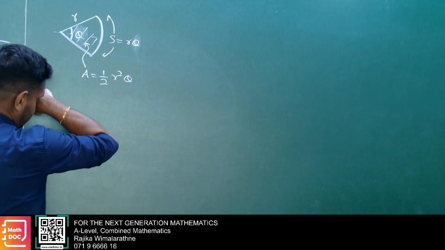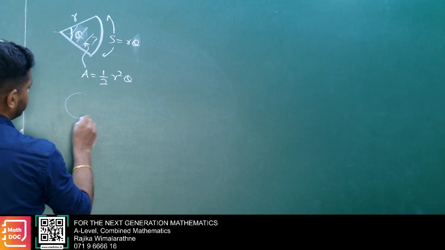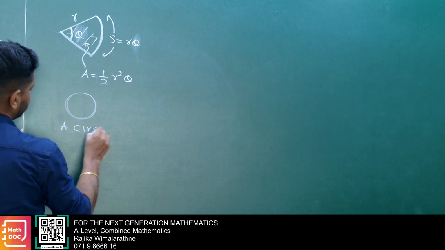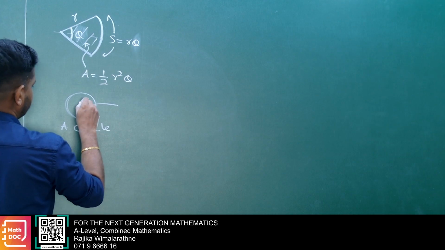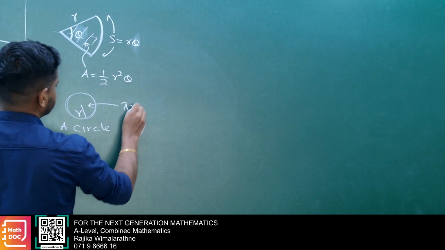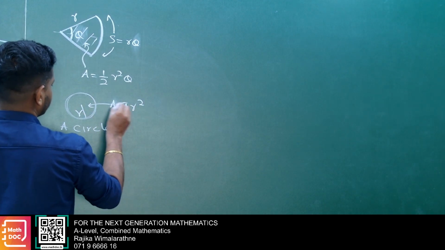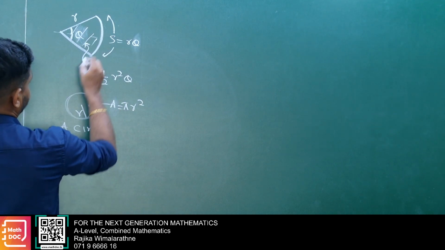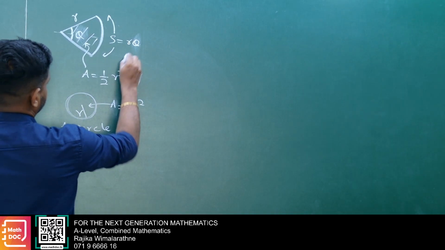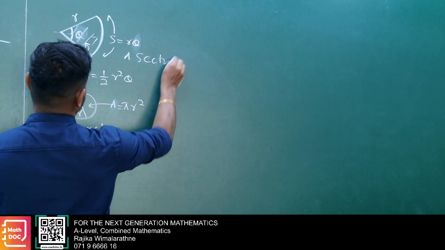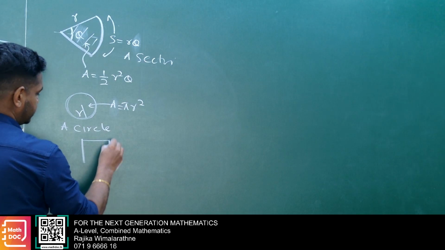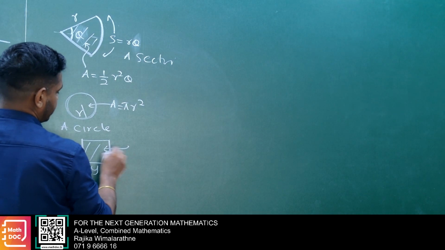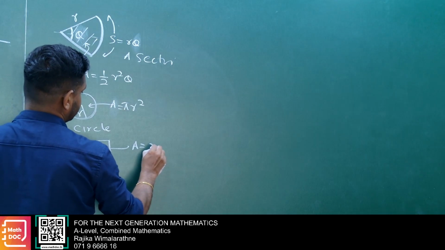Here take a circle with radius r; we know that one, area pi r squared. You know square and rectangle, area xy. These are general things.